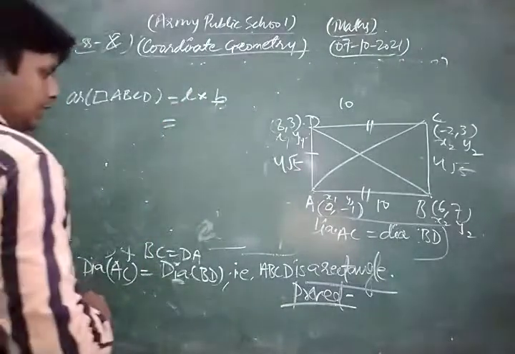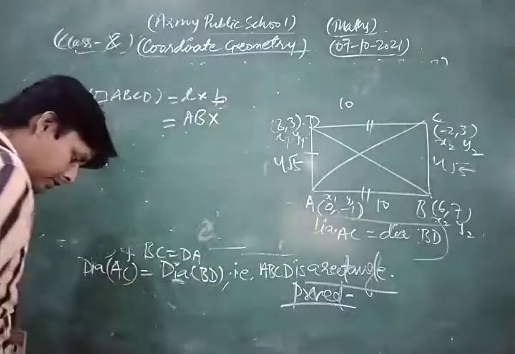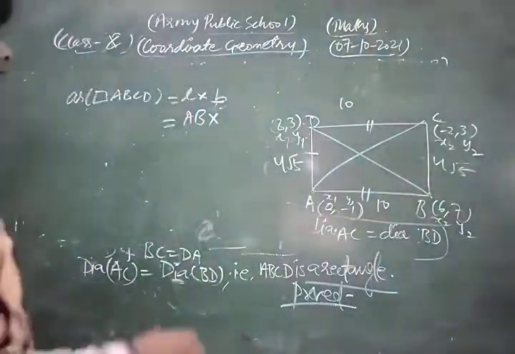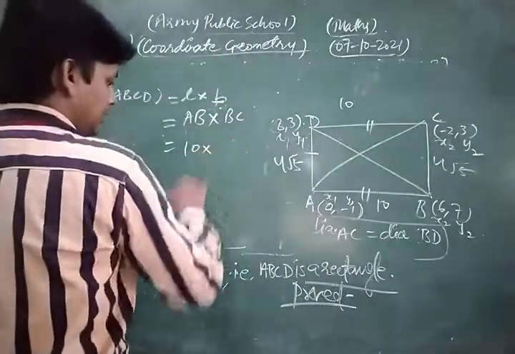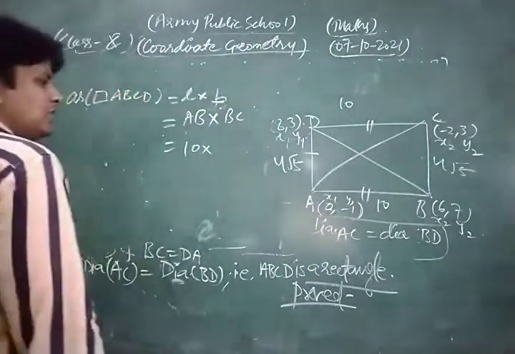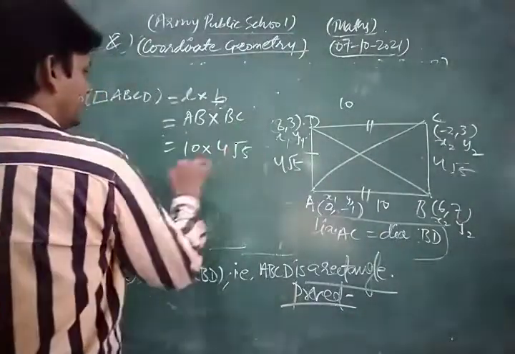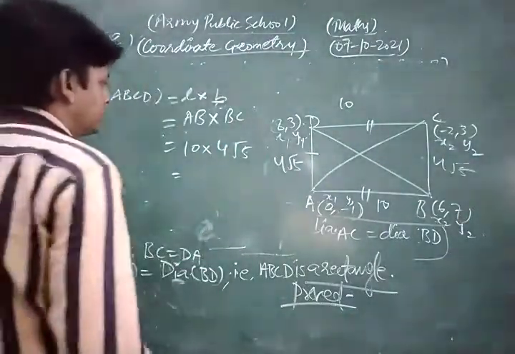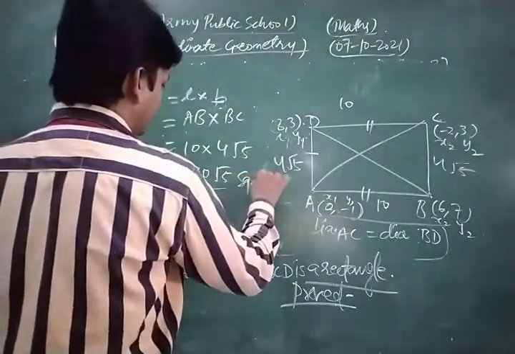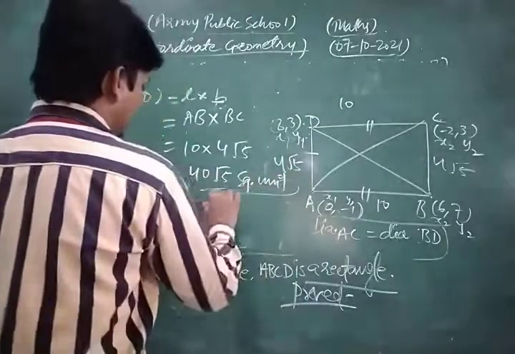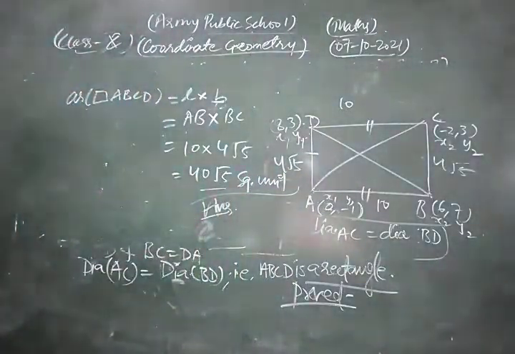So length is AB, and breadth is BC. So AB is 10 and BC is 4 under root 5. So we have 40 under root 5 square unit. This is the required solution of the given question.